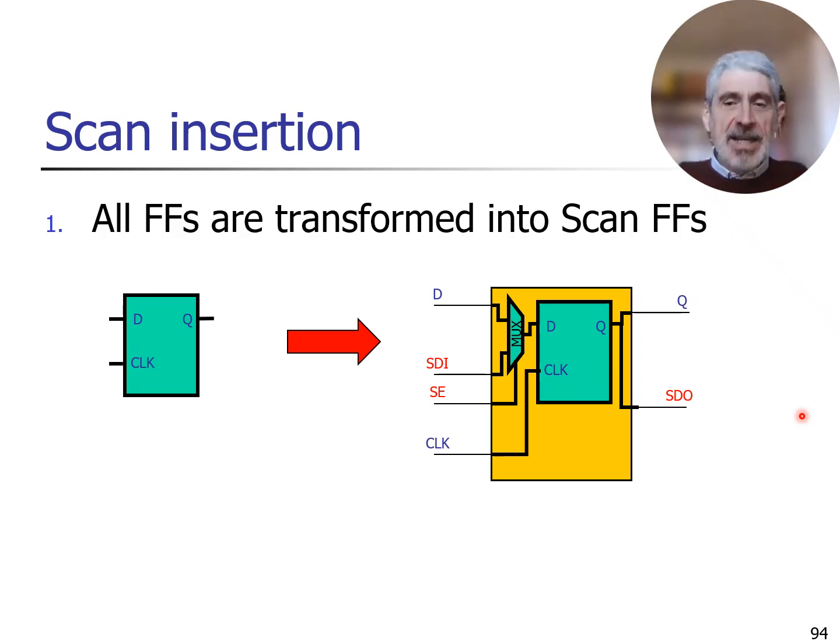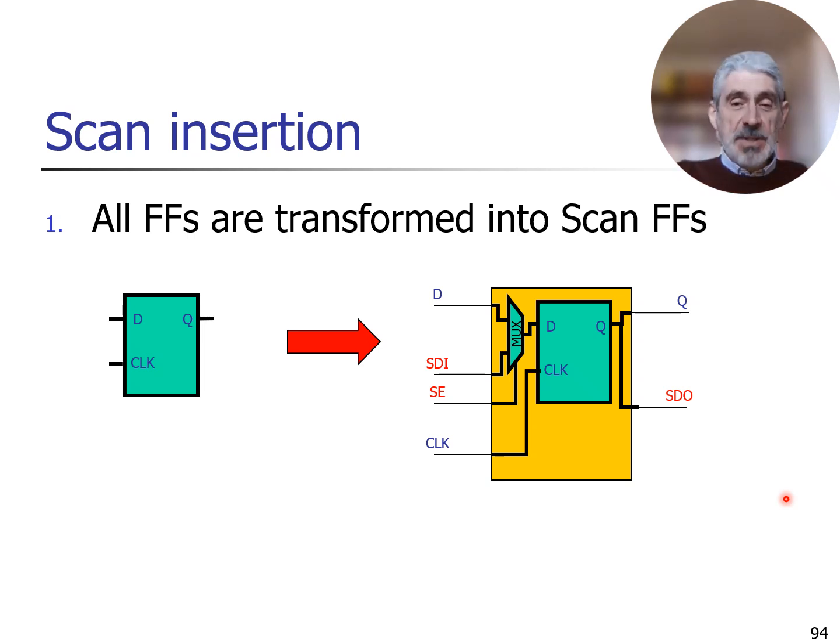If the scan enable has the opposite value, meaning that we want to enter the test mode, the data input of the flip-flop is connected to this serial data input, SDI. Okay? This is the first change.